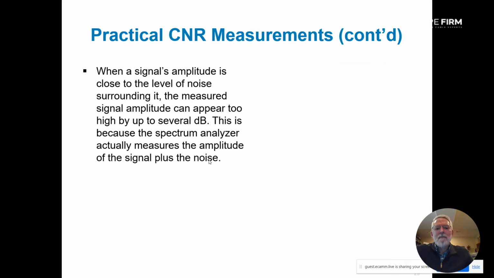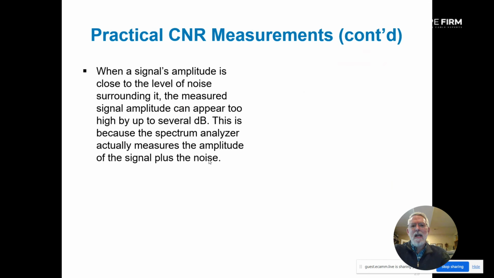All right. Now, there comes another issue related to signal amplitude. If you're measuring the CNR of really, really low-level signals, where the level of the RF signal you're trying to measure is fairly close to the noise floor. This might occur if you're measuring satellite received carrier to noise ratio on, say, an IF test point on a satellite receiver in the head end.